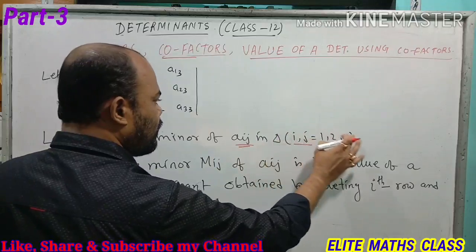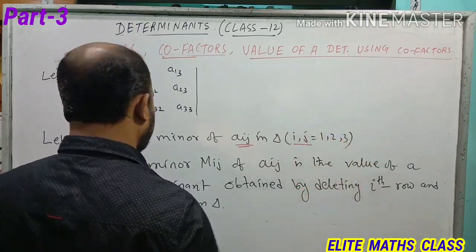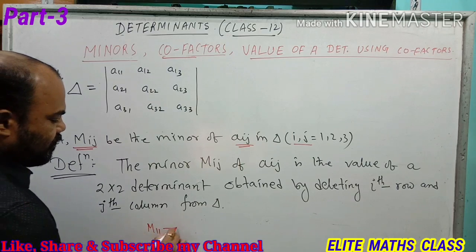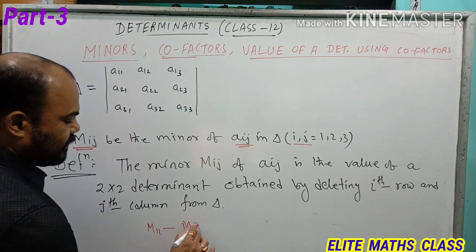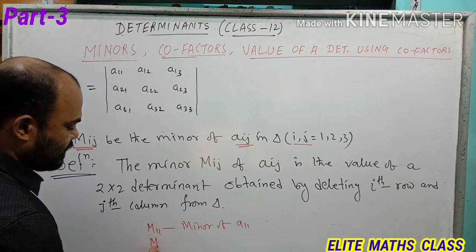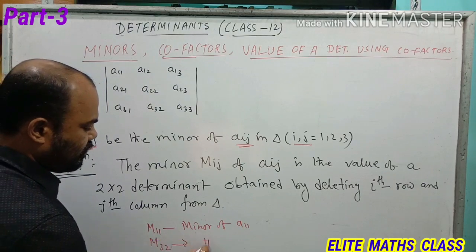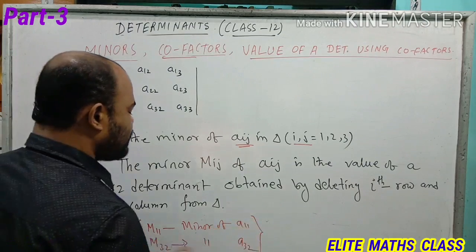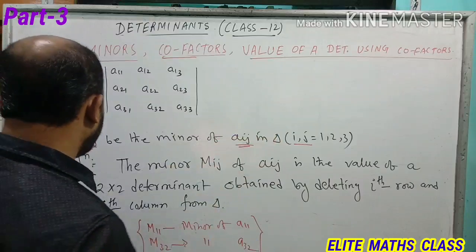So the values of i will be 1 to 3 and values of j will be 1 to 3. M11 represents the minor of A11. M32 will be the minor of A32. This is the notation of how the minors are denoted.